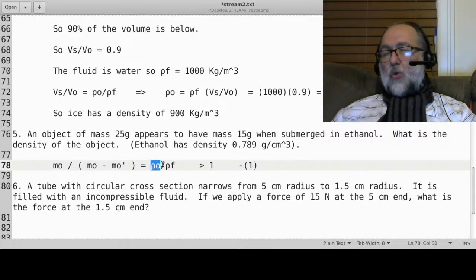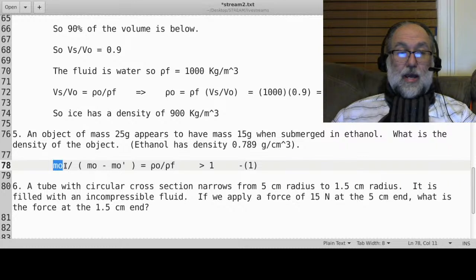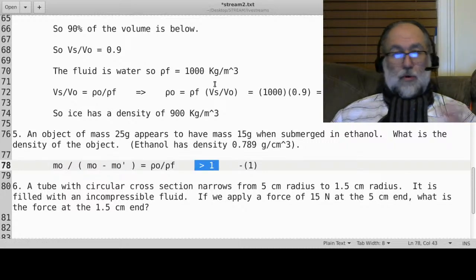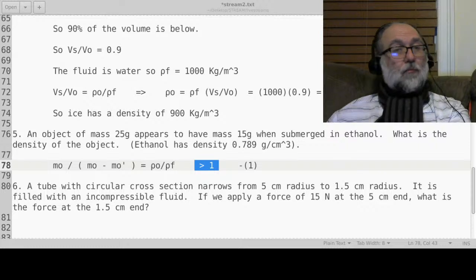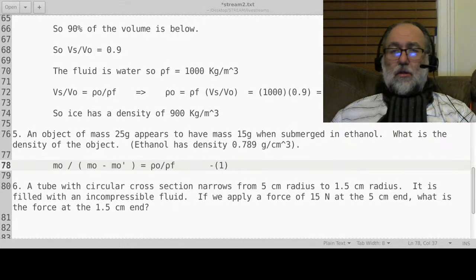Because the object will only sink if its density is bigger than the density of the fluid. And that makes sense because if you look at the other side, you have MO here and you have MO minus MO prime. Obviously the numerator is going to be bigger than the denominator, so both sides of the equation are bigger than 1. Again, we don't need that to solve this problem, but it's good to remember.